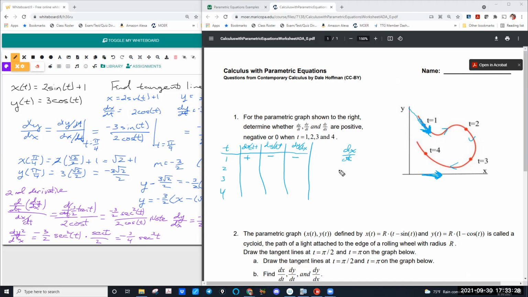Now remember, we can think of dy dx as being dy dt over dx dt. So we're doing a negative divided by a positive, which is negative. So the fact that we saw this was already negative checks out from our words here.